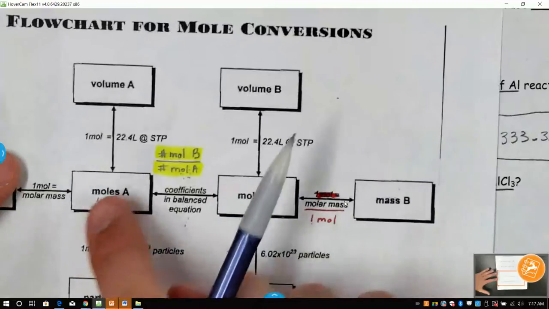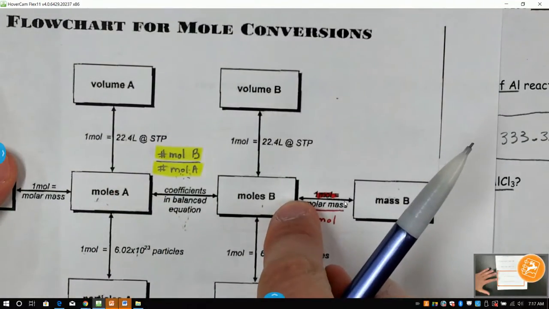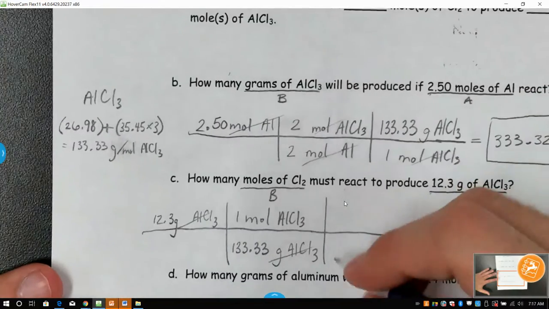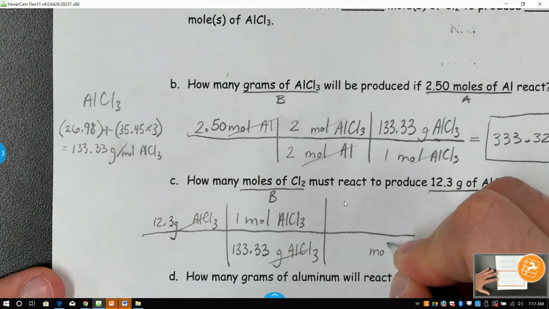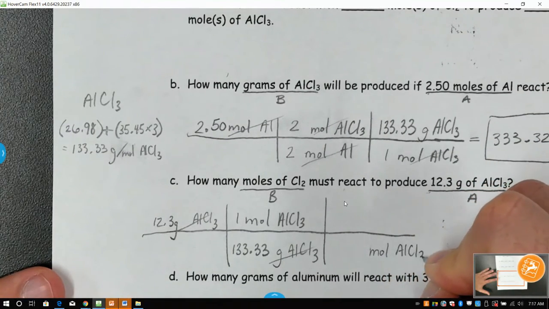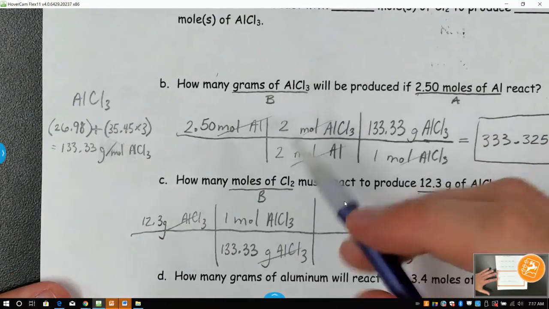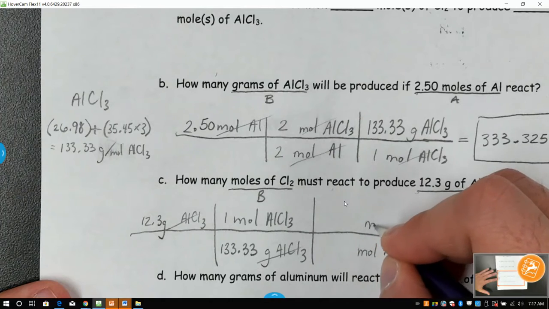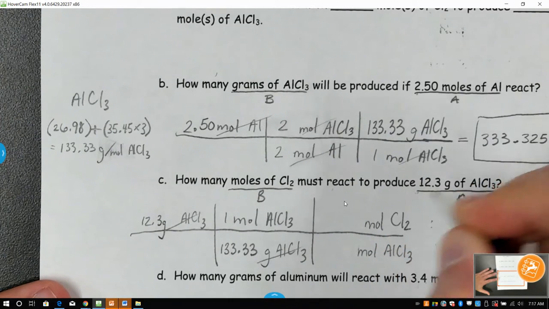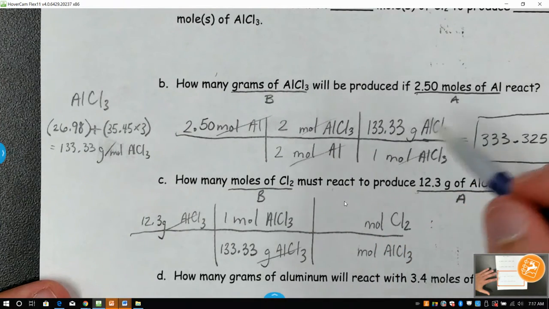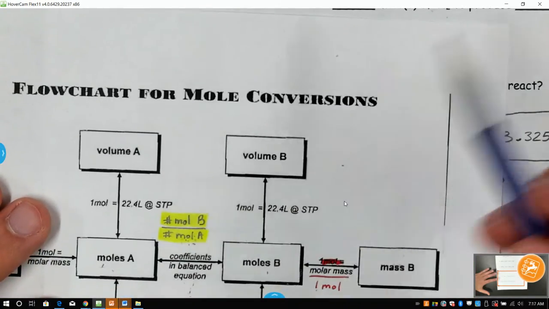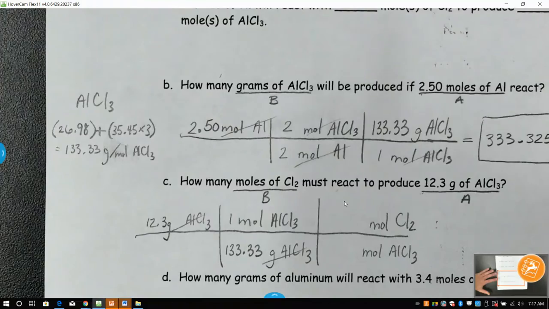And now we would be here, but we need to get to moles of B. So we have to use this: moles of AlCl3 on bottom, and moles of Cl2 on top. Where do these numbers come from? They come from our balanced chemical equation.